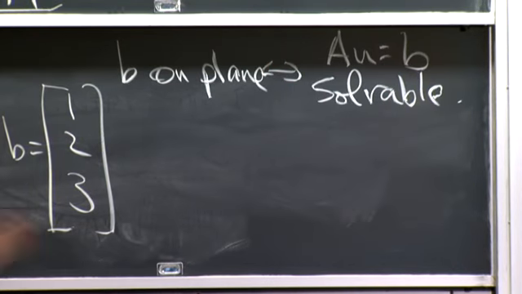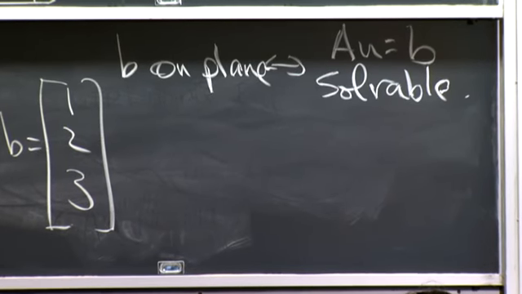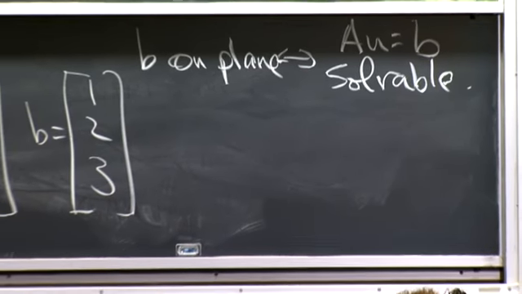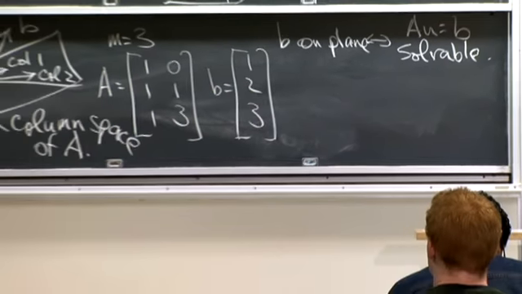And it could happen, of course, like perfect measurements. But we can't expect it. When we have 3 measurements or 100 measurements or 10,000 measurements, we can't expect perfection. So usually B will be off the plane.